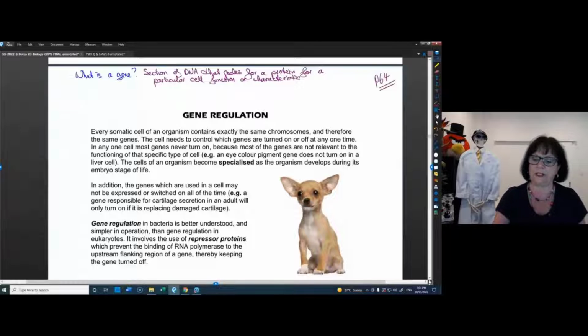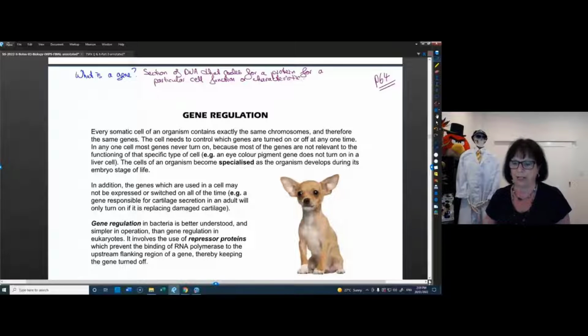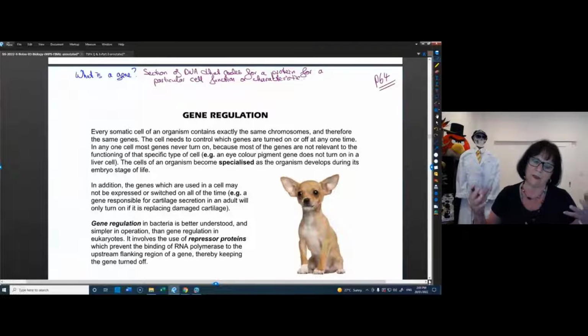Nice full definition of what a gene is. And by the way, I'm just on page 64 in our book. So that's the idea of what a gene is.